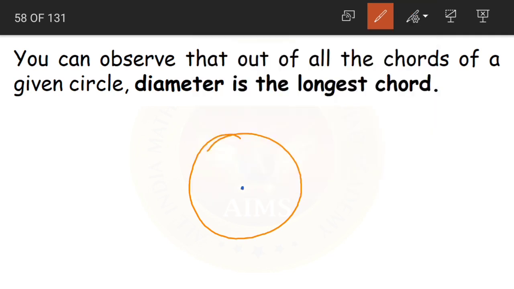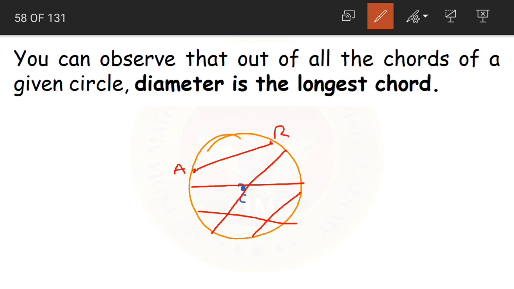Suppose this is our center of the circle, C. Now let me draw some lines. Okay children, again what will we do? We'll name the endpoints A, B, C, D, E, F, G, H, I, J.